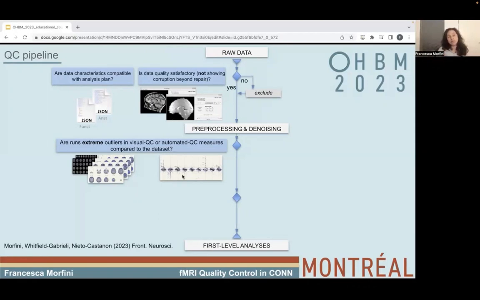Assessing the distribution of these quality control metrics can be very useful, for example, to identify runs which deviate significantly from the relative distributions of the rest of the data set.